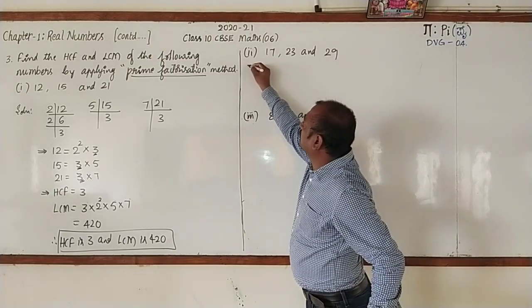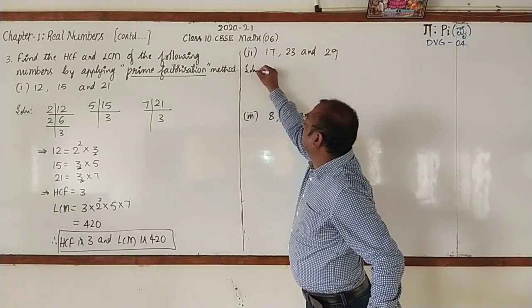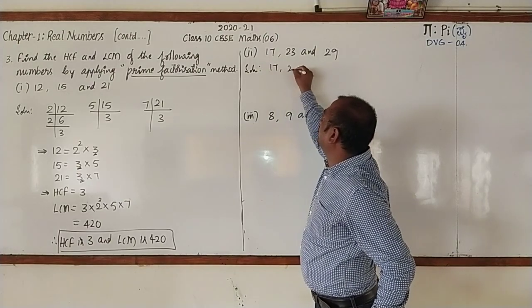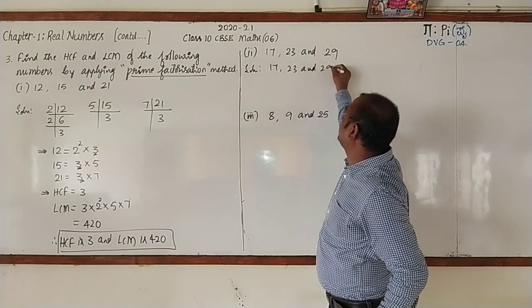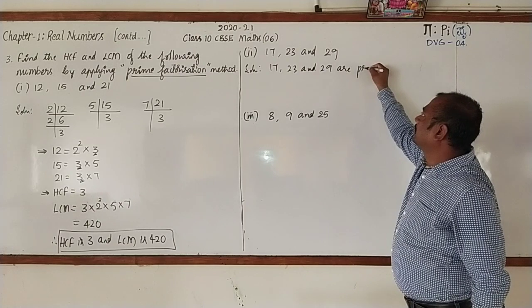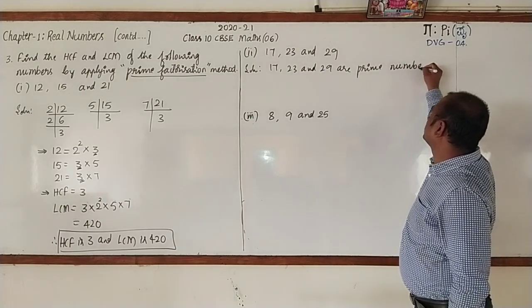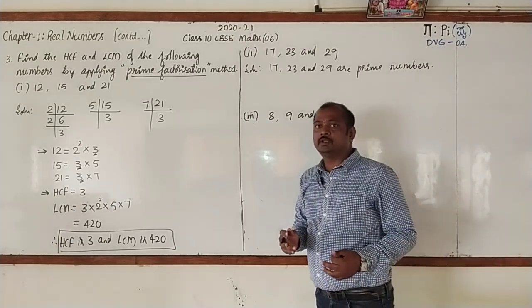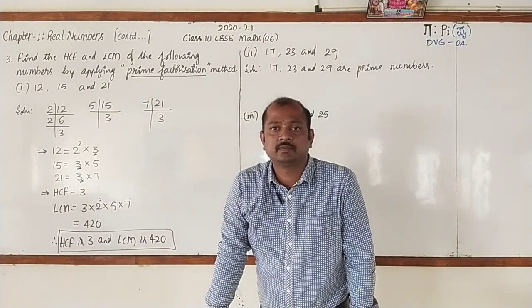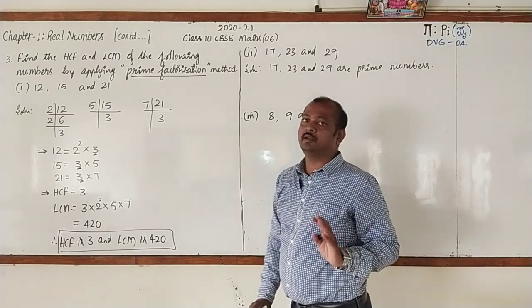Now, here we can write 17, 23 and 29 are prime numbers. And we all know that the HCF of prime numbers is 1.